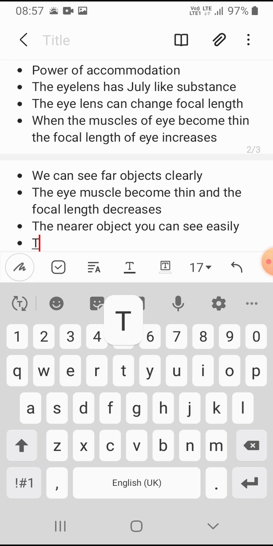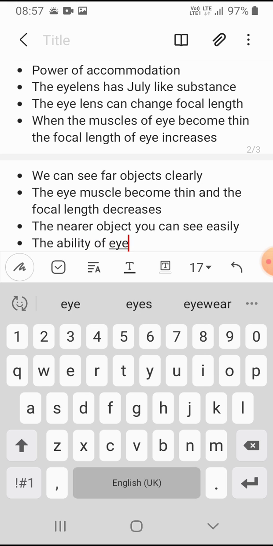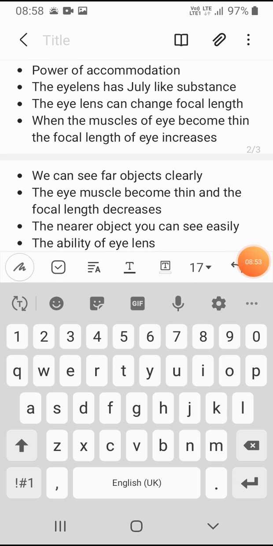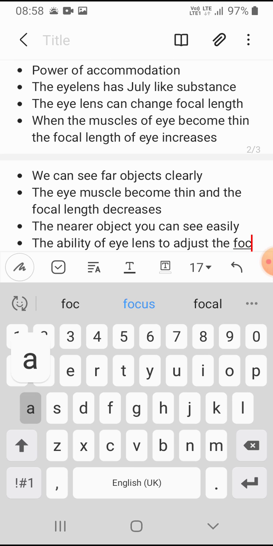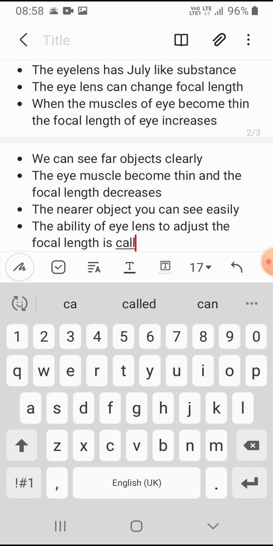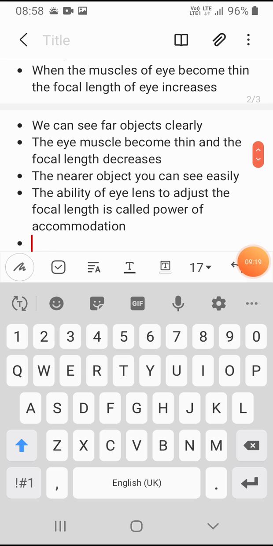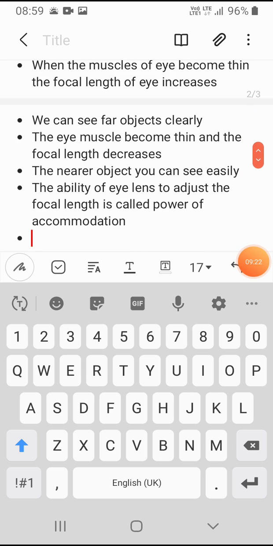The ability of the eye lens to adjust its focal length to see far and near objects is called the power of accommodation.